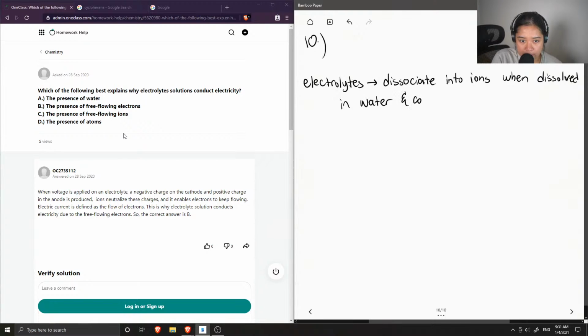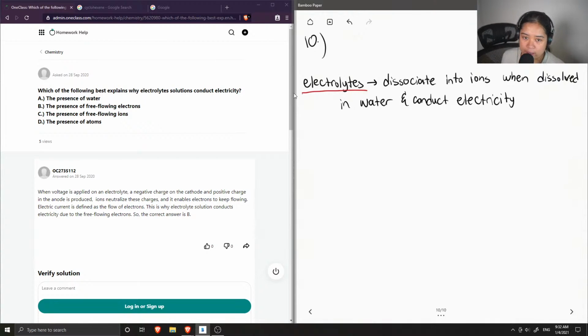And this is how they conduct electricity. So when we have a strong electrolyte, this means that it fully dissociates into its ions when dissolved in water. You can have a weak electrolyte, which means that it only partially dissociates into its ions. And you can have a non-electrolyte, where it doesn't dissociate into its ions at all.